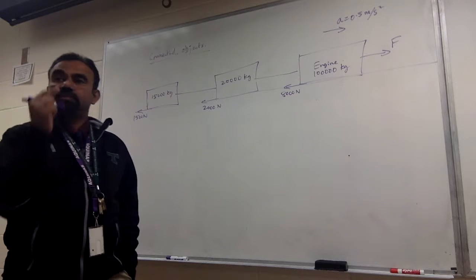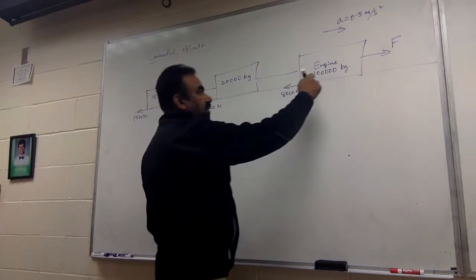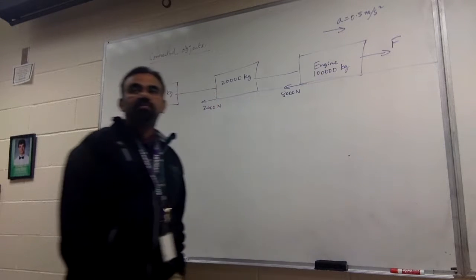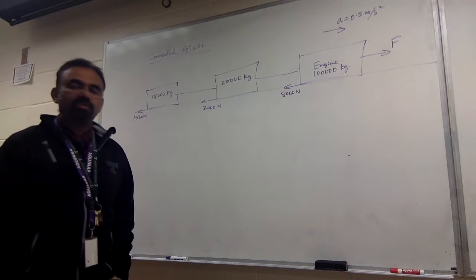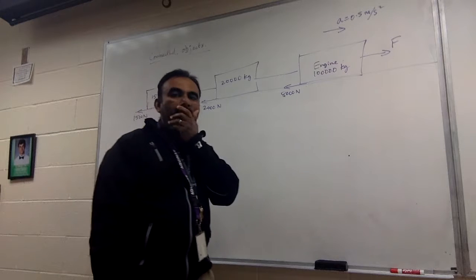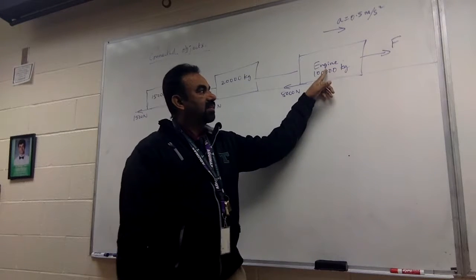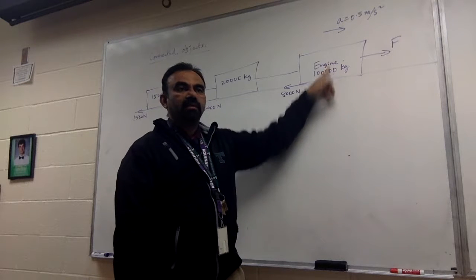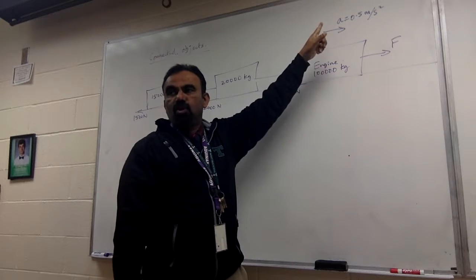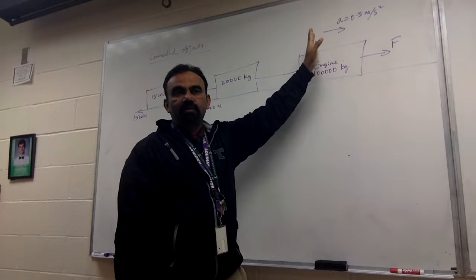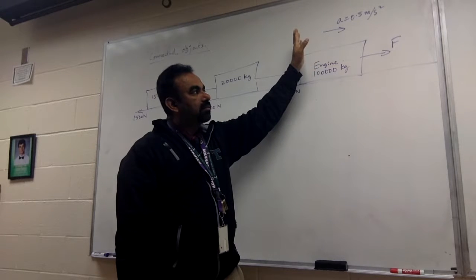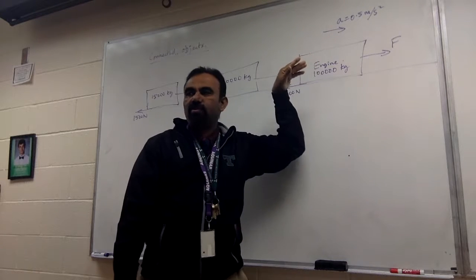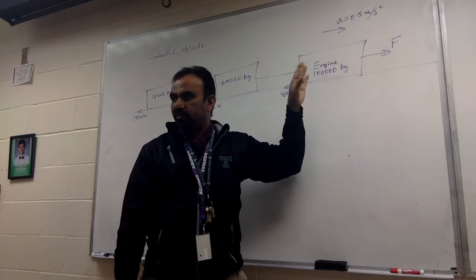So let's go for forces acting on this object. First one, let's say the engine. What are the forces acting on it? Weight. The weight is acting downward. And there is the normal reaction acting on it upward. Those two are equal and opposite, so I'm not going to really draw them right now.